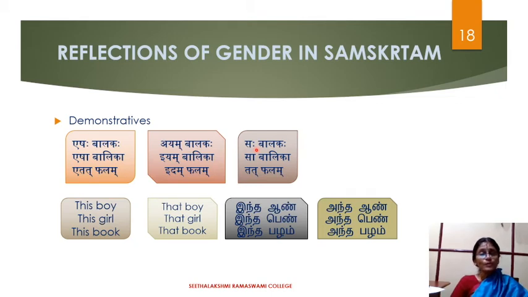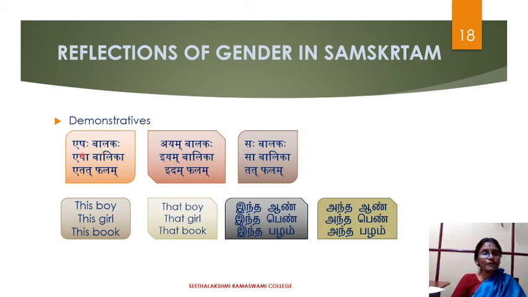In Sanskritam also, ayam and saha. Ayam is this, saha is that. But what is yesha? If somebody is very close to you, this boy who is very close to you, that is yesha. If he is a bit away but still near you, it is ayam. If he is far away, that boy, saha. So that is the difference here.